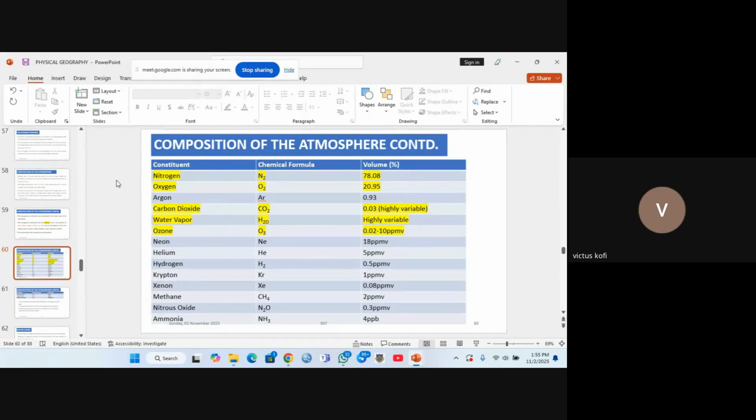So I would like to talk about carbon dioxide. It's the last one. We said earlier that when we look at the trees, they need carbon dioxide so much to prepare their food, which we always call photosynthesis. Carbon dioxide is important for photosynthesis and plant survival, because when they survive, they give us back the oxygen we also need.